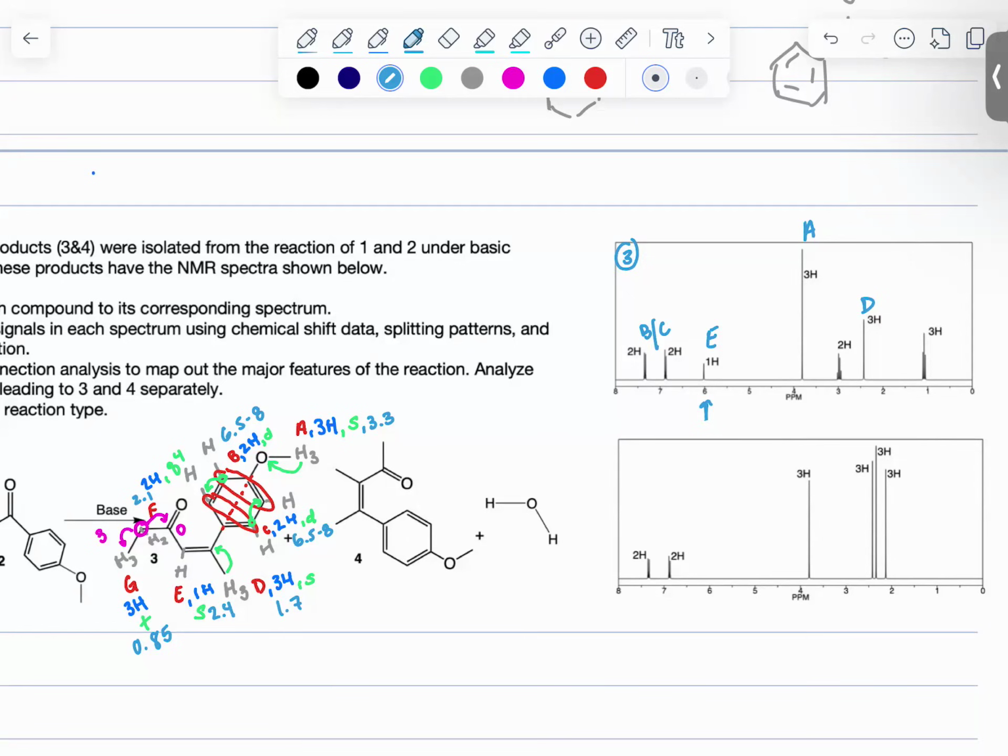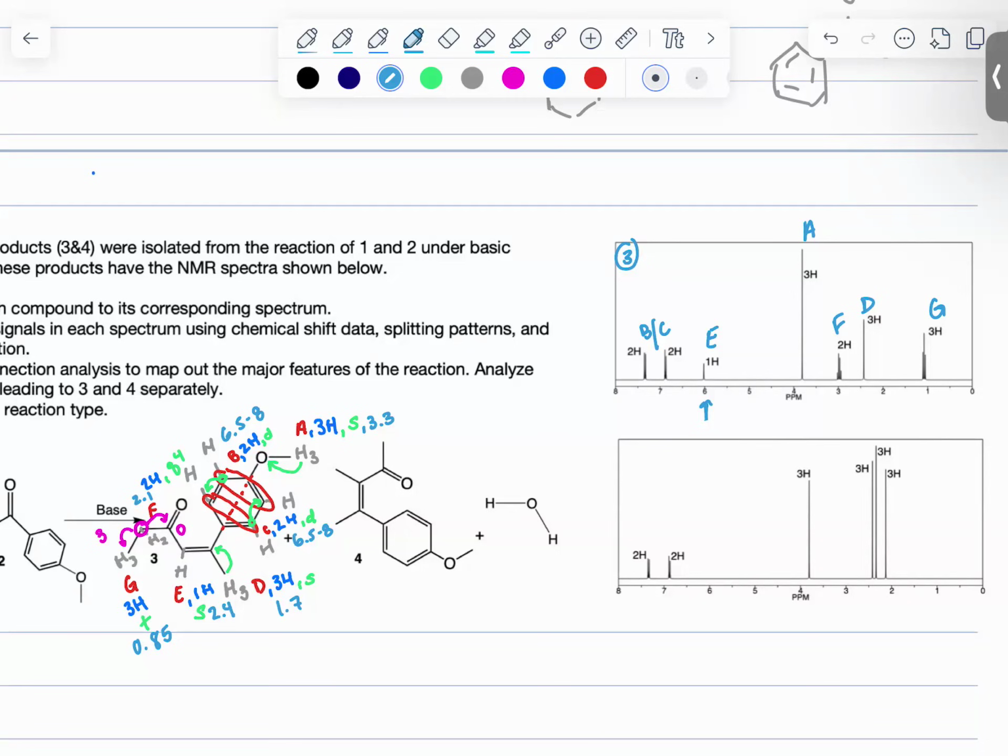So this little 2H, which signal is that? And then what's our last one? G. So when you have an NMR question, this will be exactly what you do. You'll have to annotate the molecule and show that you know each of the individual steps that get you to where you can annotate on your NMR which molecule is which.